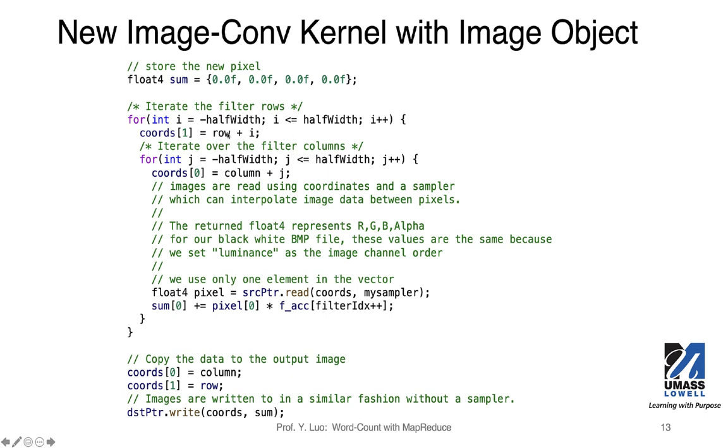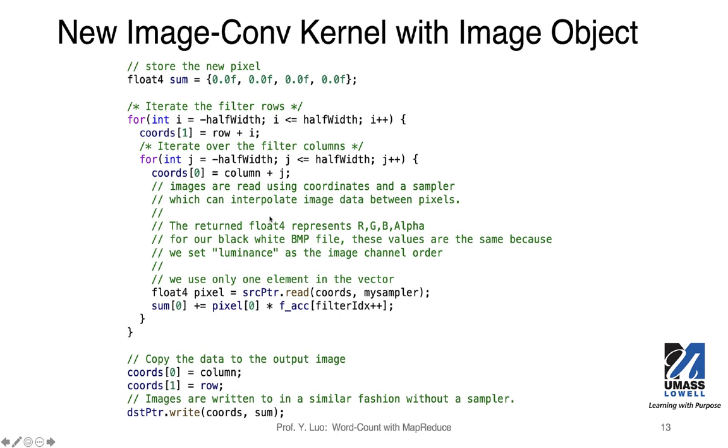This row is the pixel that this work item is going to work on, and adding this loop iteration i will give us the locations surrounding that pixel in the horizontal axis. And likewise we have another dimension, and the locations of the pixel in the original image are specified using the column and this other loop iteration variable j.